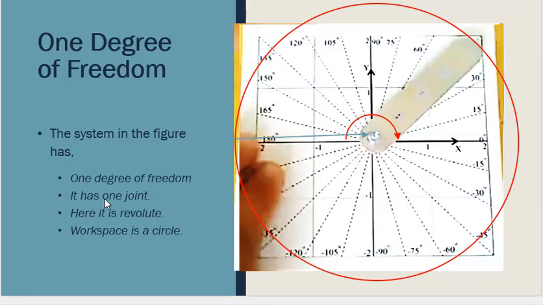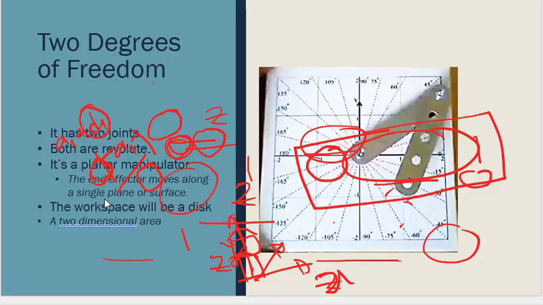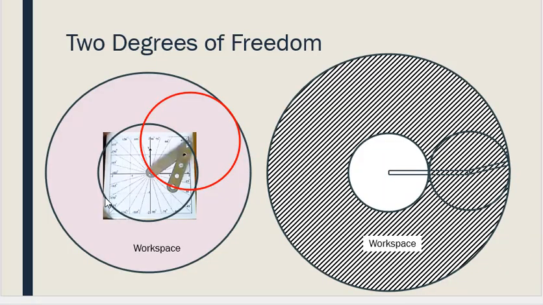In the figure, the system has 1 degree of freedom with one joint, revolute, and a circular workspace. Then 2 degrees of freedom: these manipulators have a disk workspace.